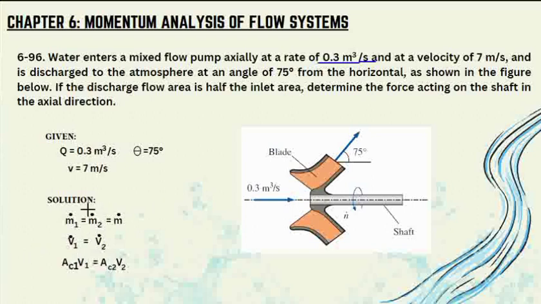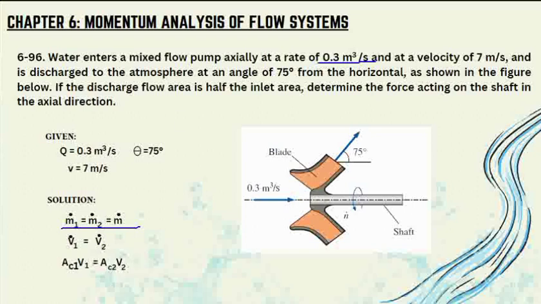For our analysis, from the conservation of mass, we have mass flow rate 1 is equal to mass flow rate 2, and thus A1 V1 is equal to A2 V2. Noting that the discharge area is half the inlet area, the discharge velocity is twice the inlet velocity.